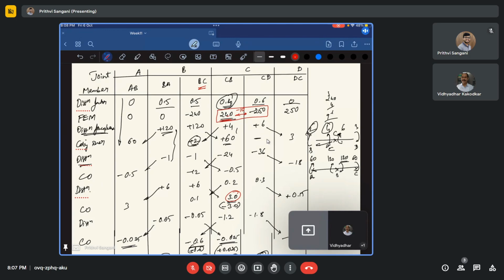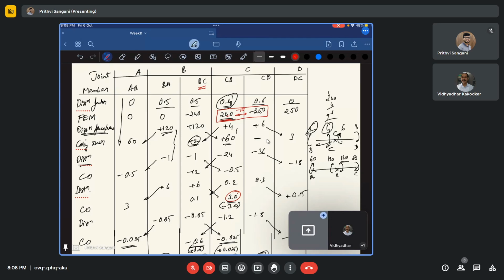As per what we have learned so far, at the continuous support the net moment, that means MCB plus MCD, should be 0. As we are assuming fixity there, we are not getting 0, because 240 minus 250 is minus 10. So we have a minus 10 lying in the system which we are not able to iterate out.